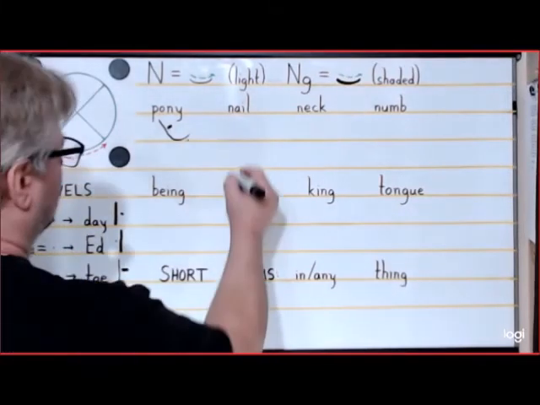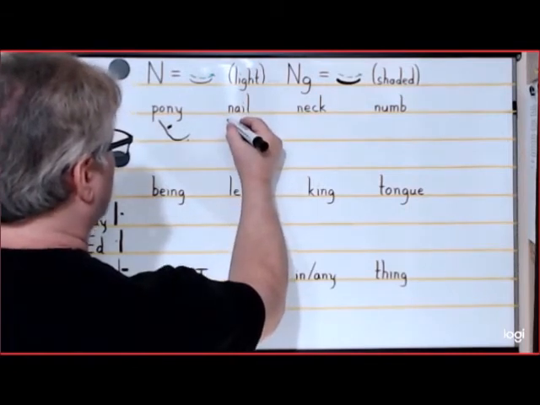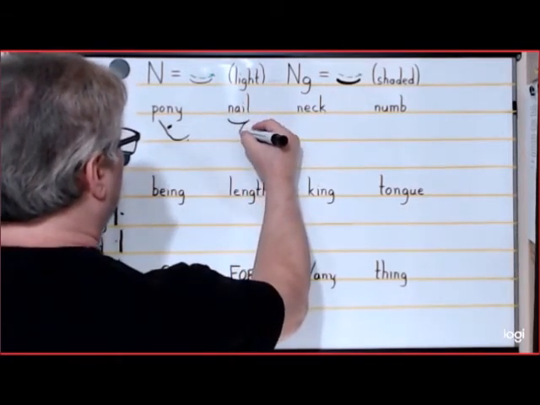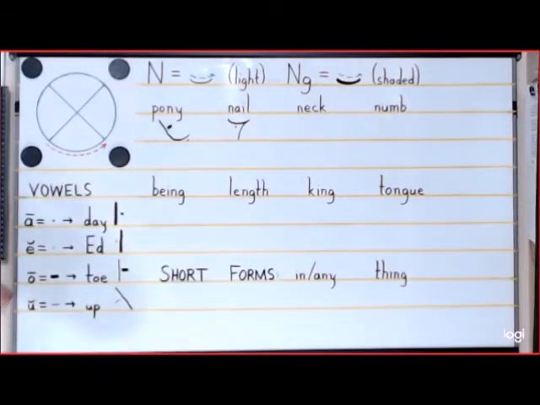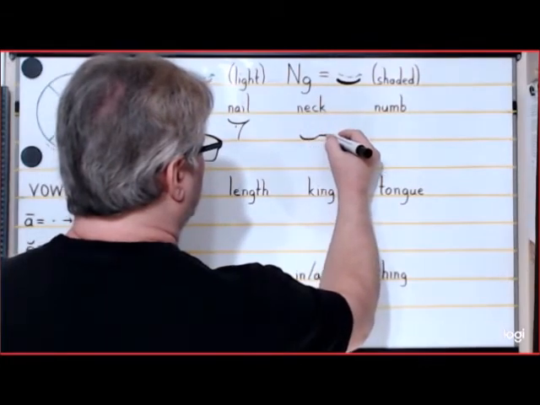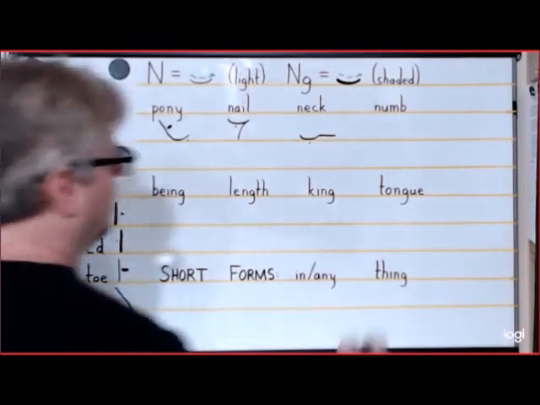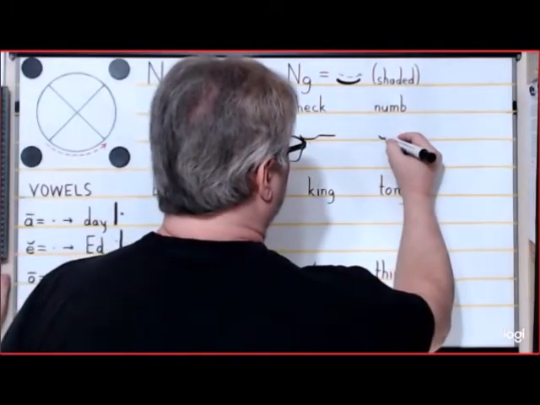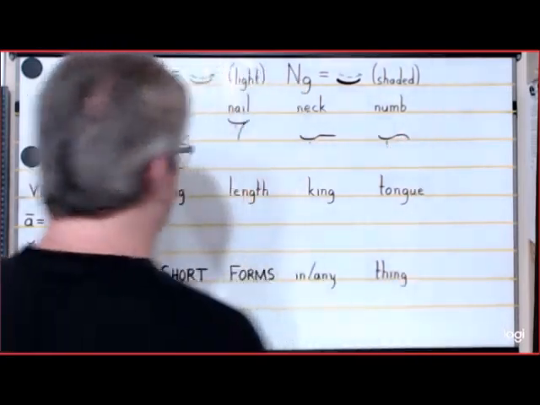The word nail, we're going to start up here because it's going to be a downward L, N, L, and then a heavy dot. The word neck is an N and a K, light dot. Numb is N, M, with a light dash.